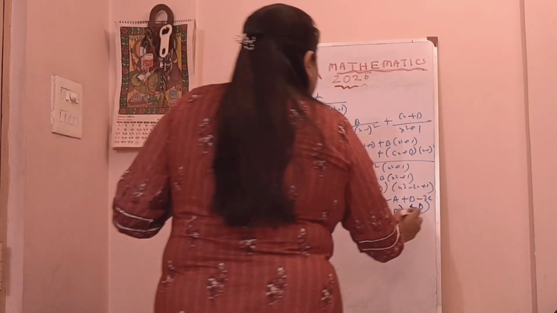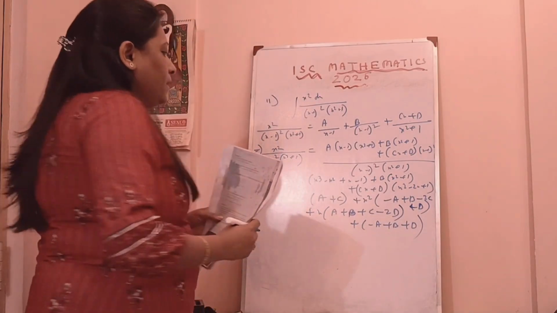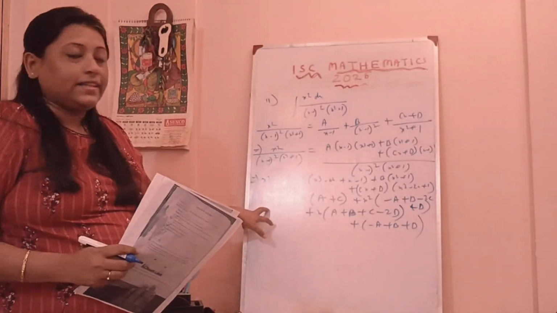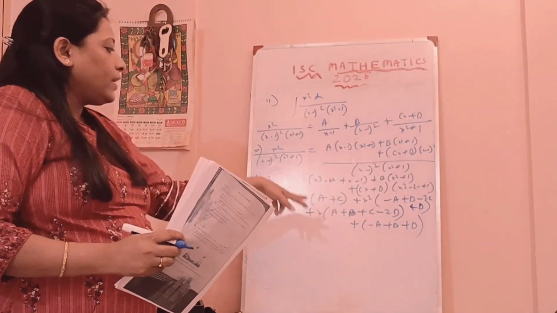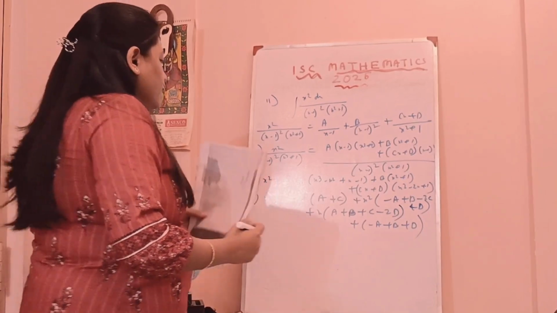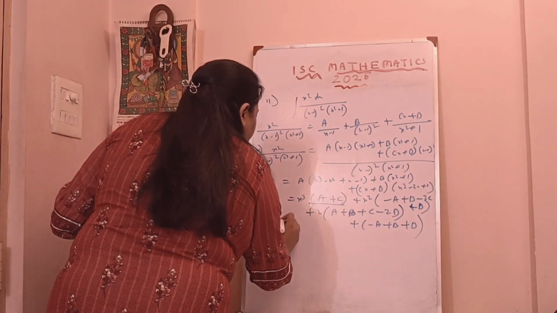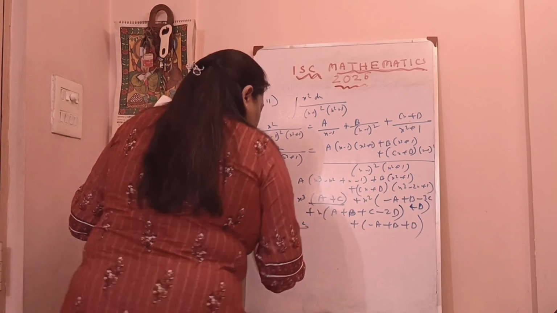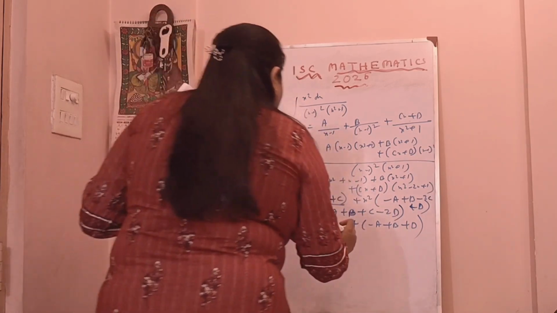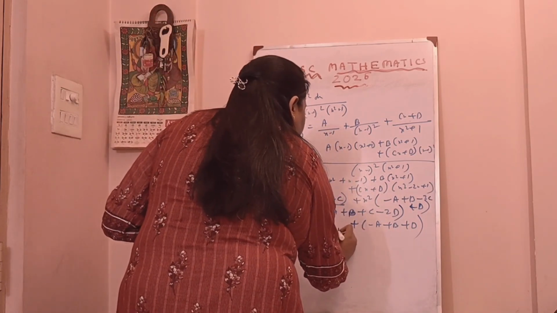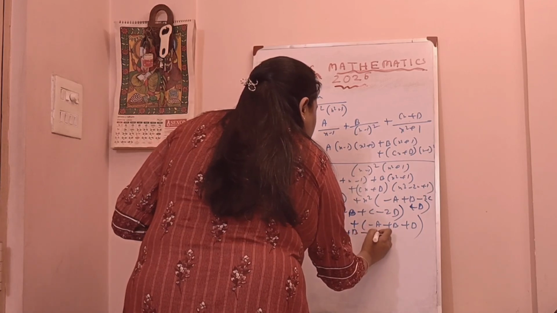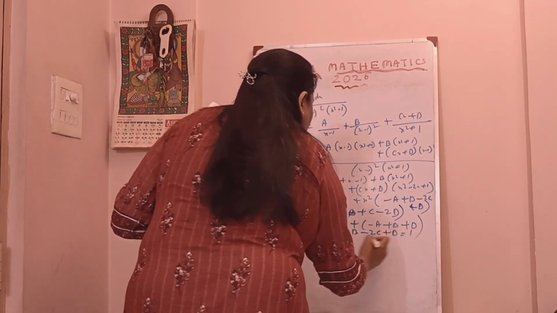Now comparing both sides, see this left hand part is x square, and the right hand part has x cube, x square, x and constant, all the terms. So only this part will be 0, there will be no left hand part. a equals minus c, and minus a plus b minus 2c plus d equals 1.